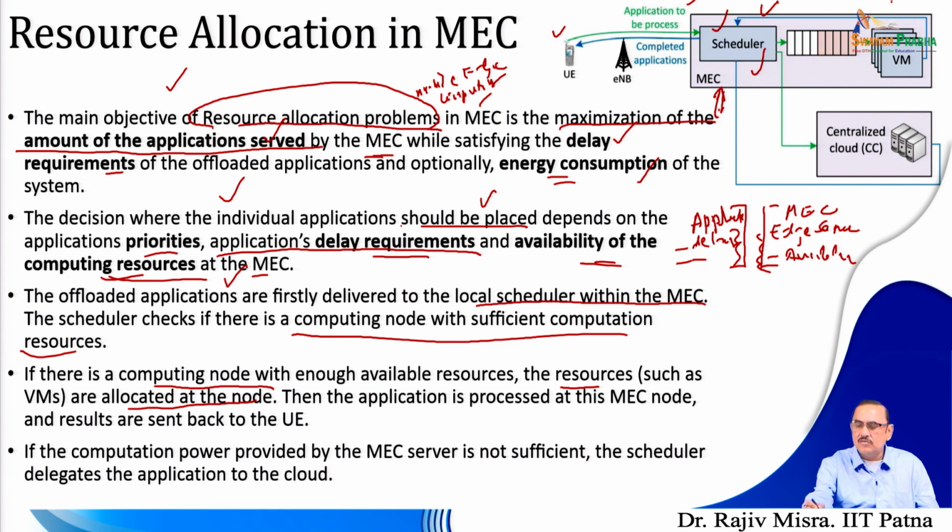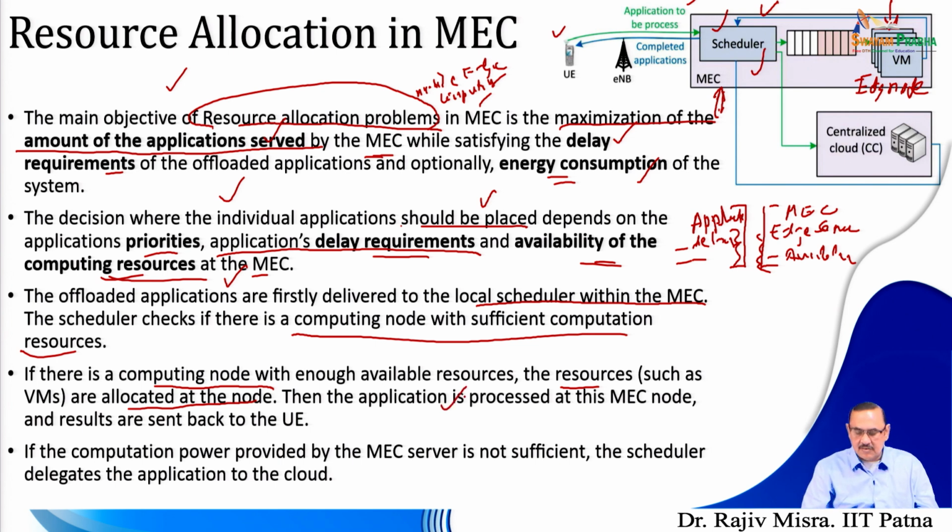So, here the resources of the edge computing node are virtualized. This is the edge node with virtualization enabled, so that the resources are allocated in the form of virtual machines.